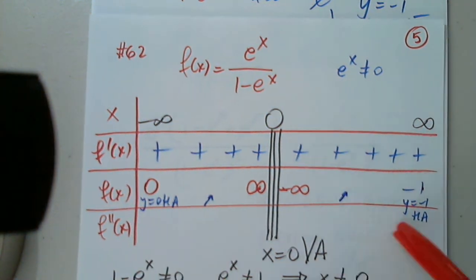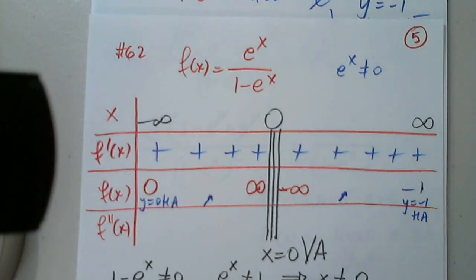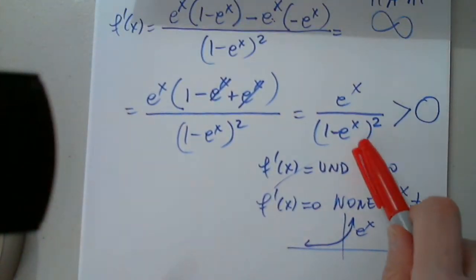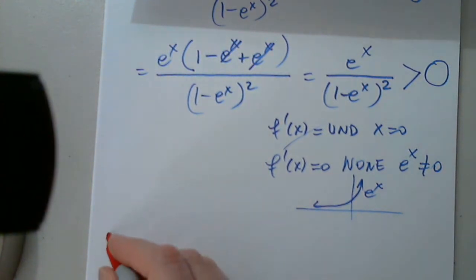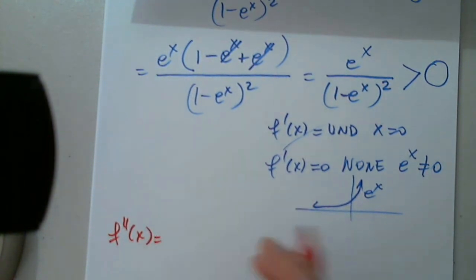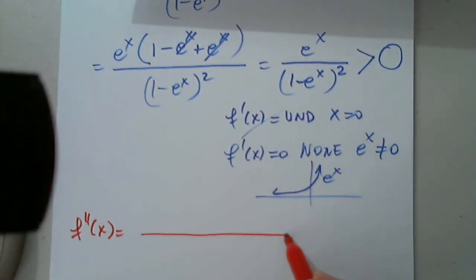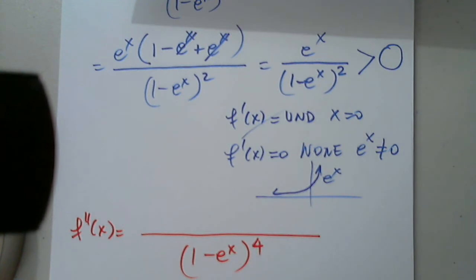Good. So finally, I'm discussing the second derivative. Okay, so this is the first derivative. So now the second derivative. The second derivative is 1 minus e to the x to the fourth power.